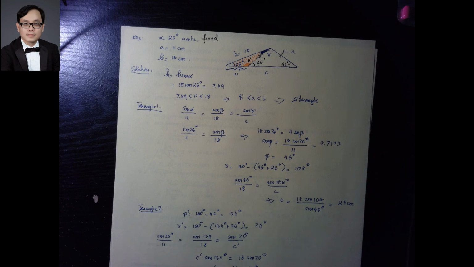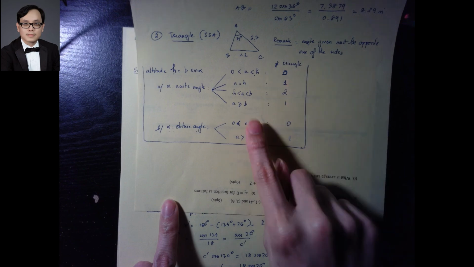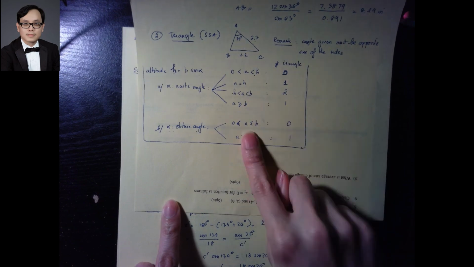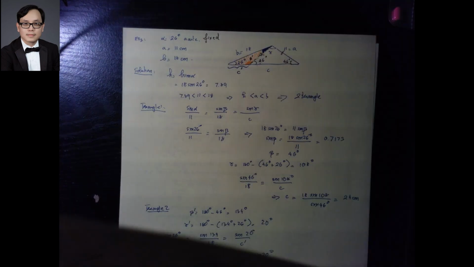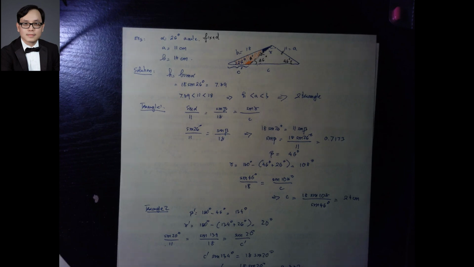So I have to say that solving triangles is not hard, but you need to memorize this rule in order to know whether you miss any triangle or not. For the side-side-angle case, that's harder.